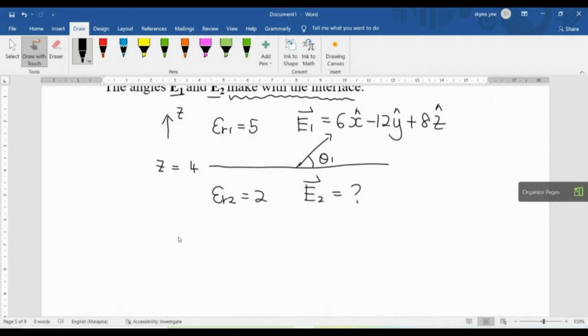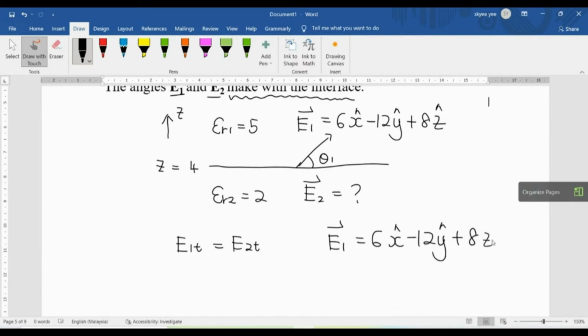First of all, we call out the first boundary condition, which is E1t equals E2t. So let's look at our E1, which is 6x minus 12y plus 8z.